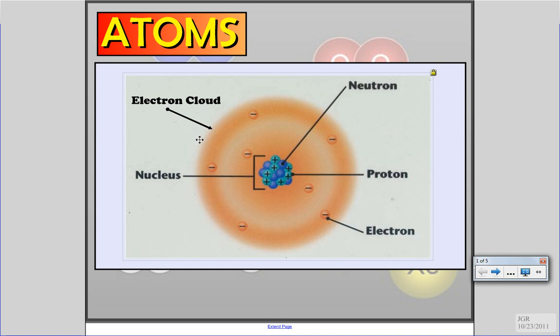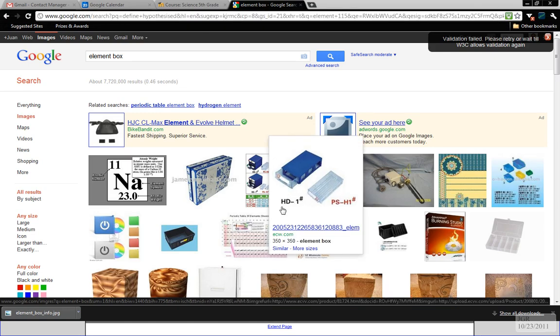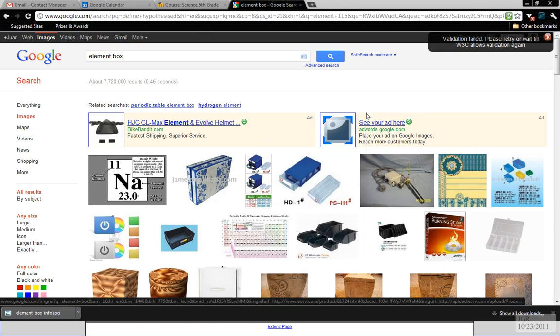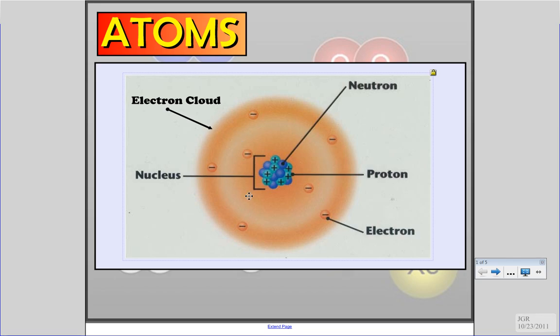What's really interesting is that the nucleus gives an atom its mass. So the amount of mass that it has comes from the center of the atom, and the electron cloud, which is basically the electrons roaming around, is responsible for giving the atom its volume.